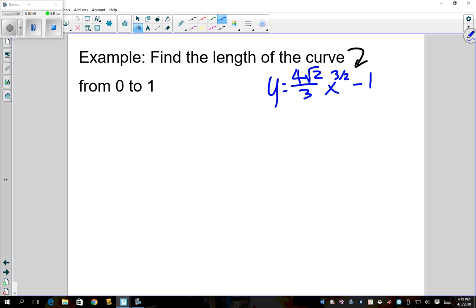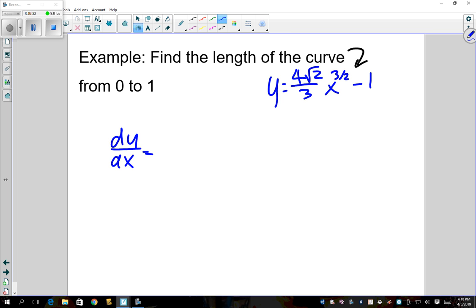And so first, we need to determine, is this continuous on the interval? And it definitely is continuous on the interval from 0 to 1. If we think about the square root function, there's no real gaps on the interval that we're looking at. And so what we need to do next is find its derivative.